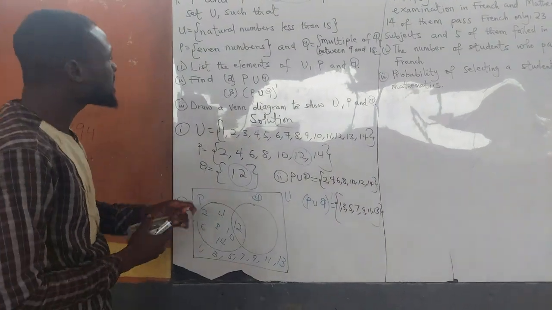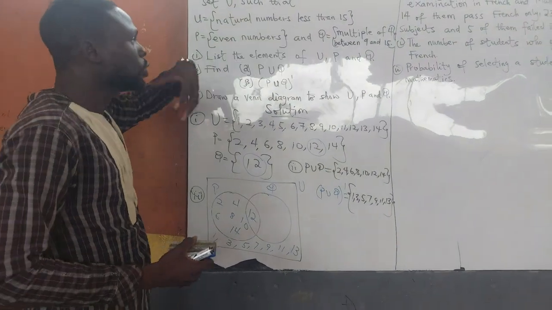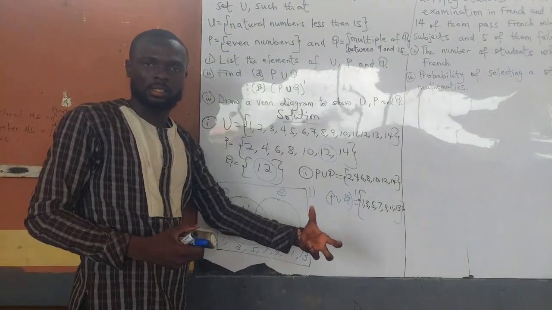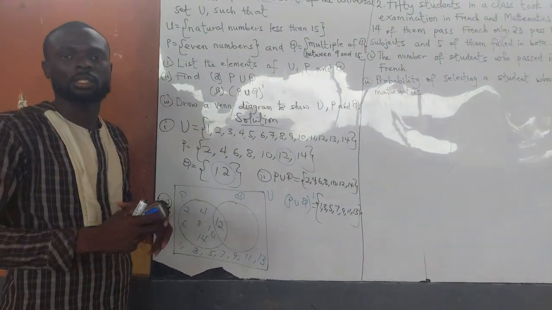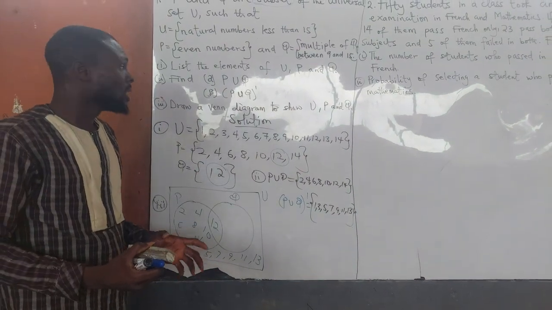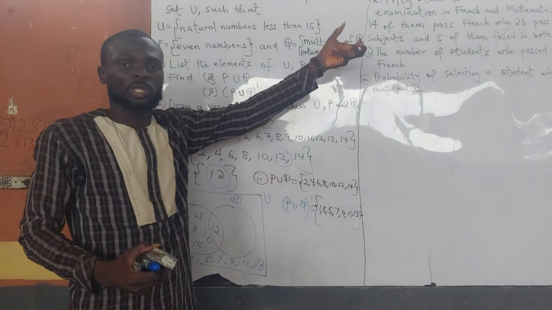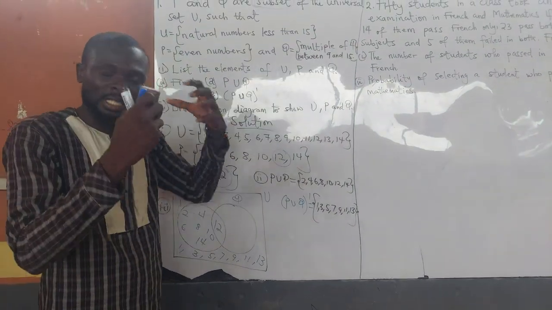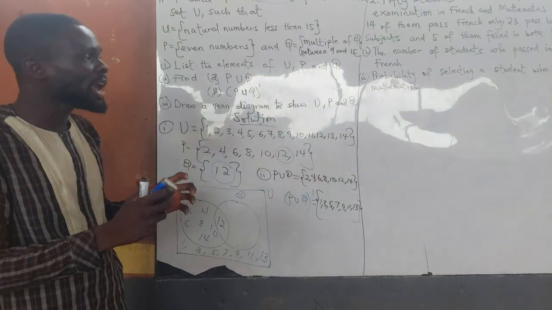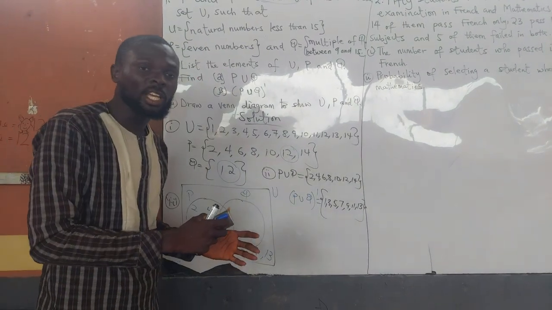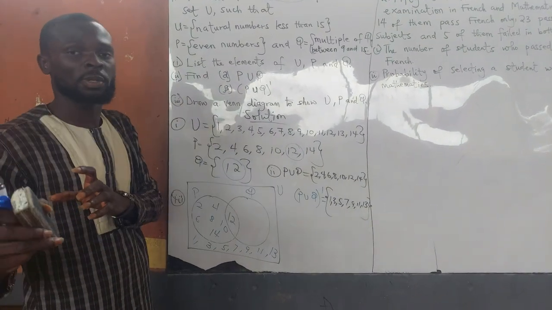So with this type of question, you will be asked to list the set of a given set notation. Sometimes, if they don't give you the word description, they can give it to you in a set builder notation form, where you should know the ones that are to be included and those that are supposed to be excluded.